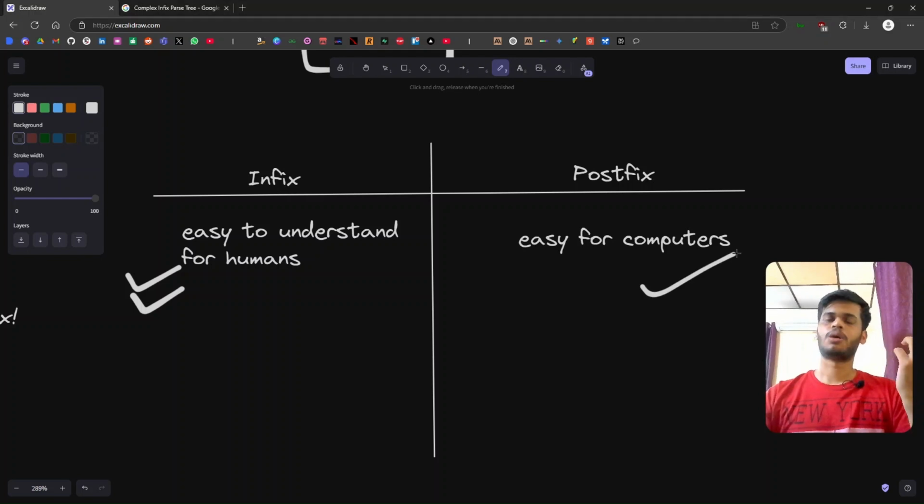Postfix, on the other hand, is very often employed as an internal representation within the inner workings of compilers and interpreters. Postfix shines when we come across efficient machine algorithms or evaluations, especially in environments like stack-based virtual machines, where processing postfix becomes streamlined.